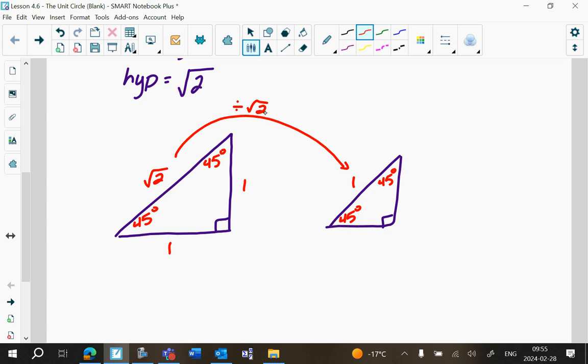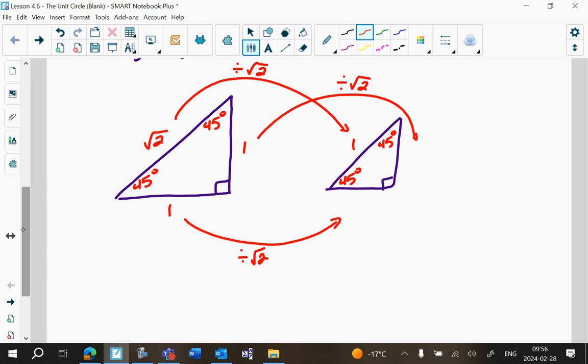Well, if you're going to divide that side by root 2 to make it proportionally smaller and have a hypotenuse of 1, you have to do the same thing to the other sides. And what's 1 divided by root 2? Well, we can't divide it cleanly, so we leave it as 1 over root 2.